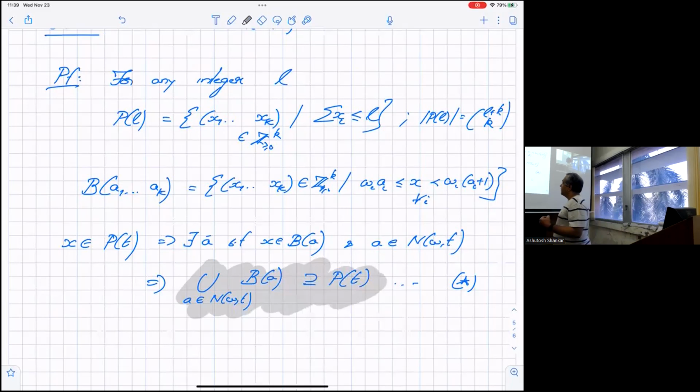Given any x, it is present in some box, and the index of that box happens to be in N_{W,T}. Therefore, if you run over all possible boxes indexed from N_{W,T}, they must cover all of P_T.